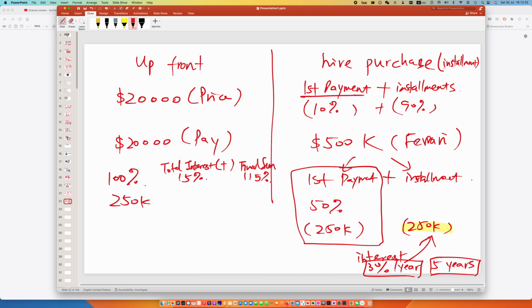Does it make sense? So if 100% is this amount, 115% is how much? There are two ways to do it. 250 divided by 100 times 115. You can find 1% first, then you times by 115. Another way to do it is you times 1.15. So this amount also times 1.15. So what do you get?